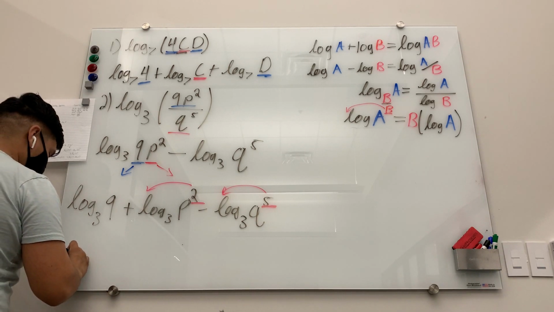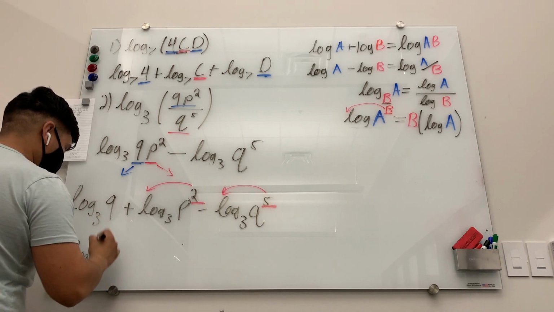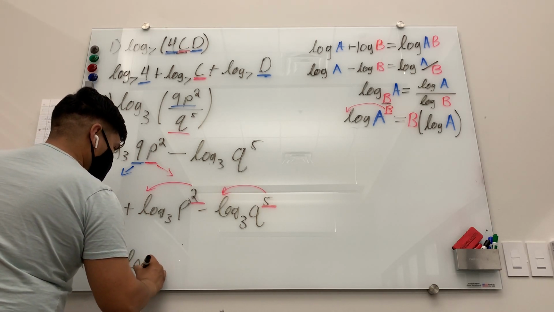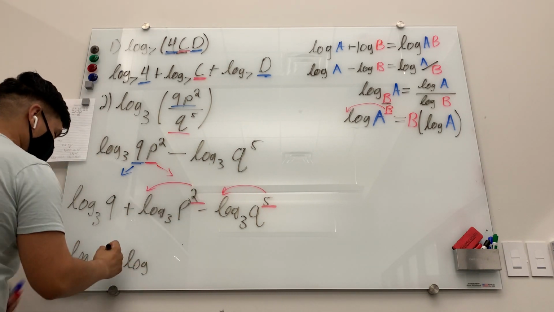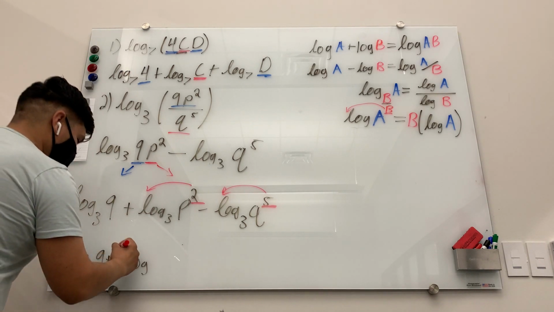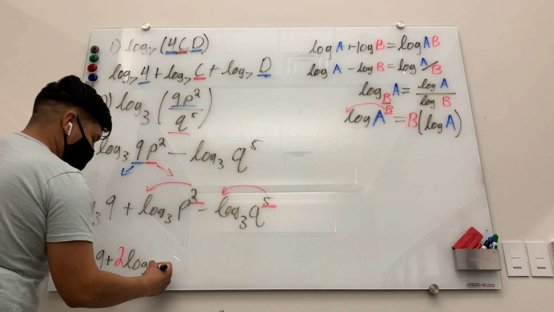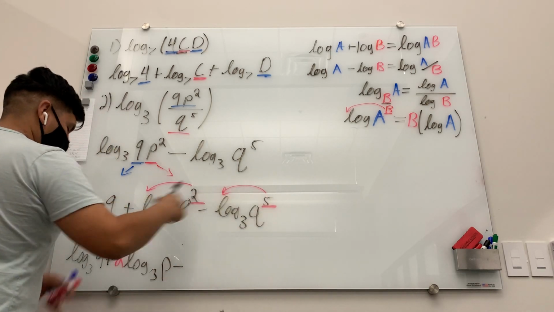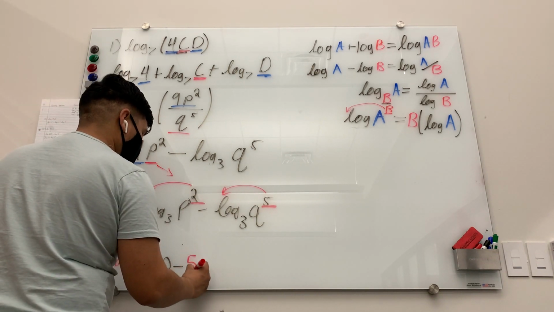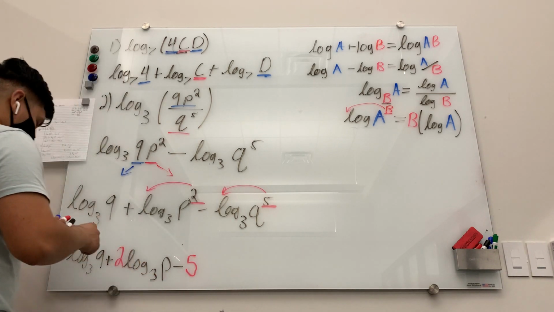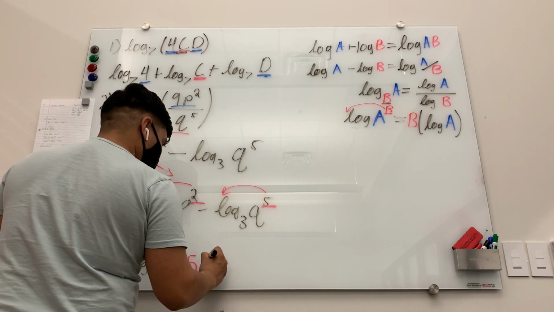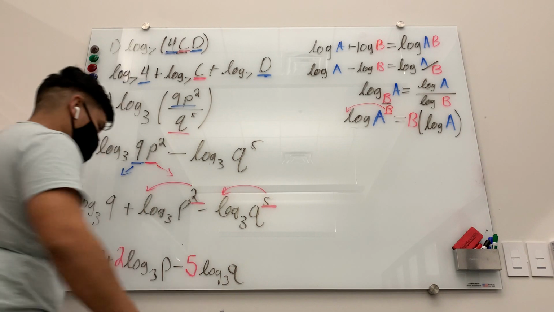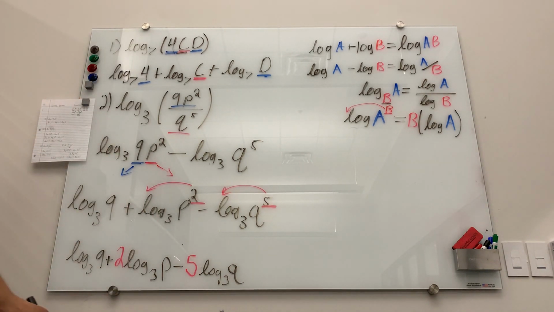So now we have log base 3 of 9 plus 2 times log base 3 of p, minus, bring out that 5, 5 times log base 3 of q. And voila, we are done.